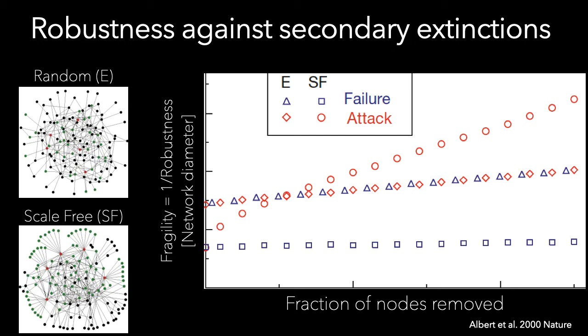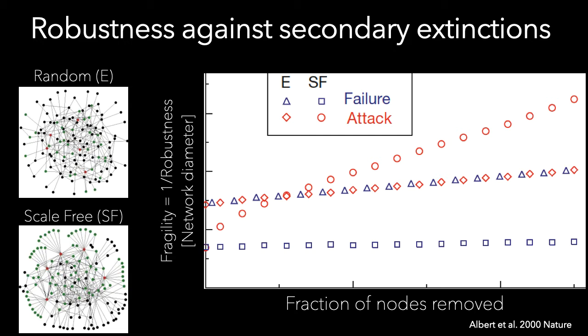What this plot is telling us is that in random networks, those indicated by the E with the triangle and the rhomboid, the robustness is identical between the two types of primary extinction, the failure, the random deletion of nodes, and the attack, the targeted attack.